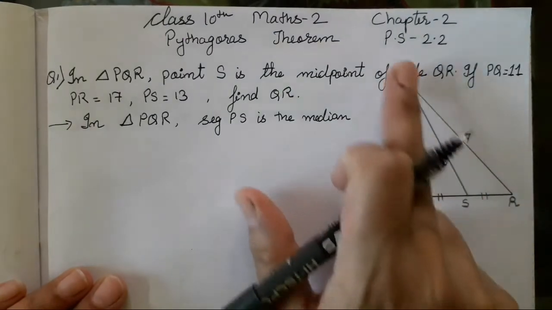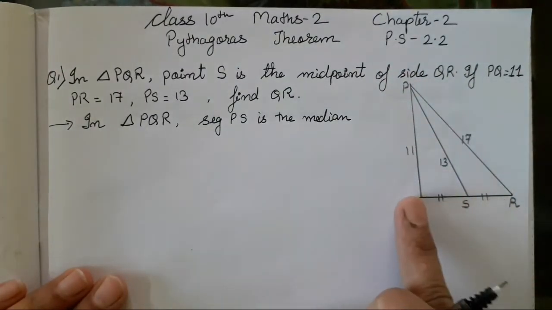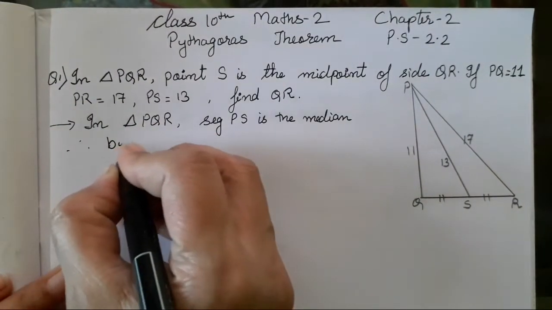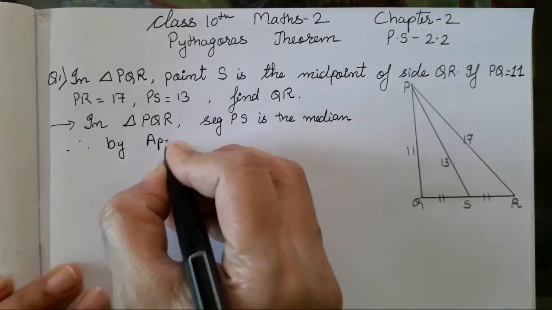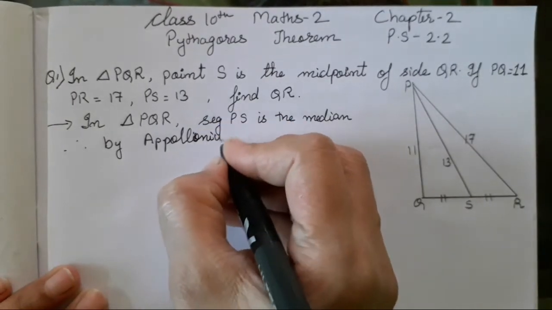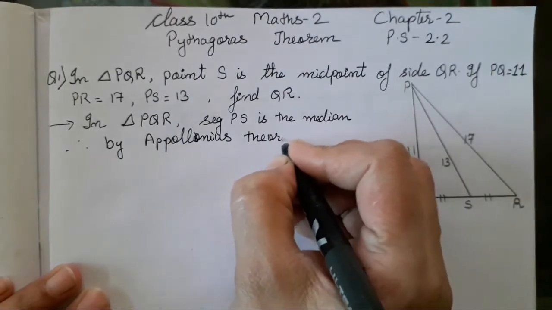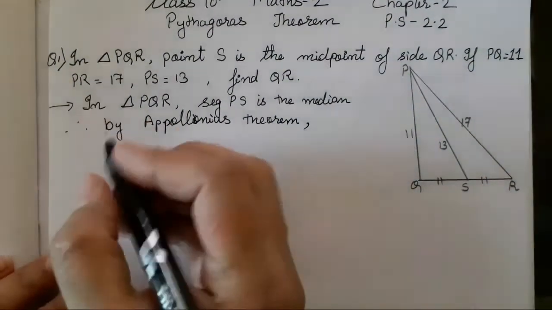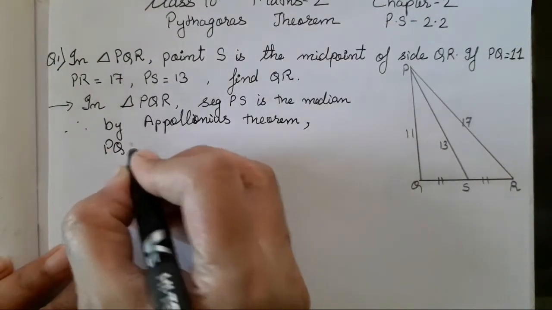If it's a midpoint, that means it is a median on segment QR. So therefore, by Apollonius theorem, directly we have to use this theorem. What does that theorem say?